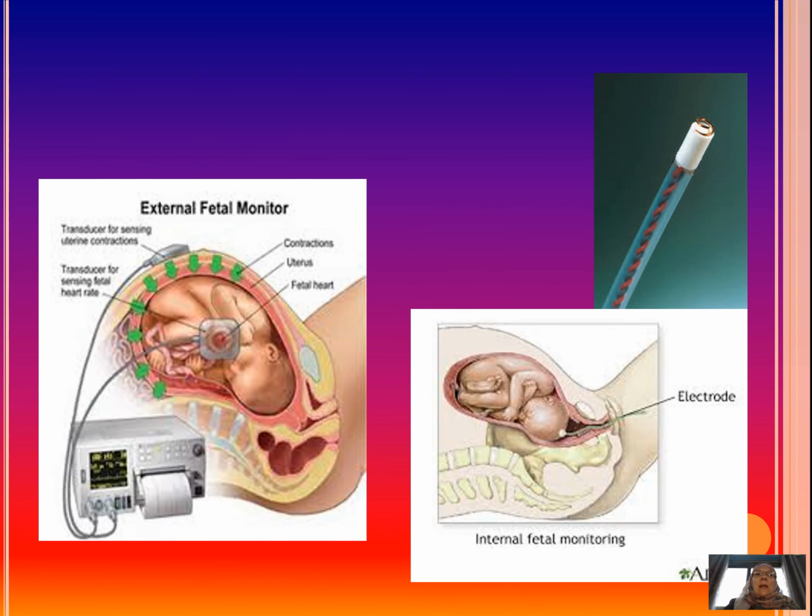Here you can see how a CTG can be monitored. On the left side, you see the usual CTG monitoring, which is done from the outside with a transducer. You see two probes on this picture. One is put on the fundus. It needs to be at the fundus because the contractions are strongest there, and this monitors the contractions and is labeled TOCO.